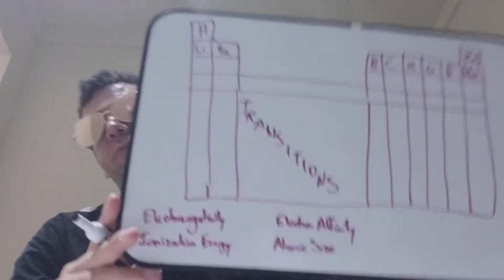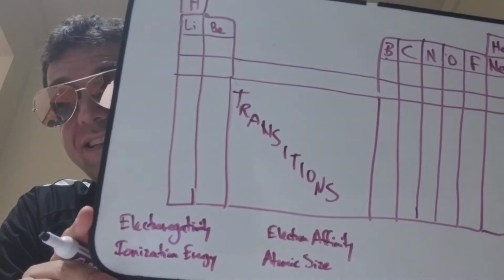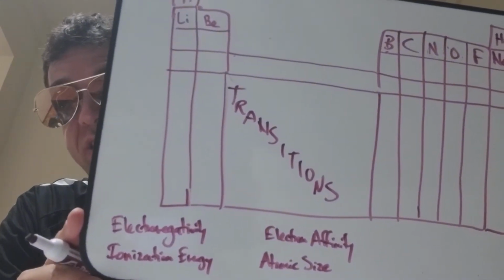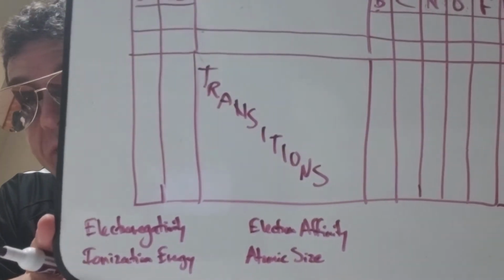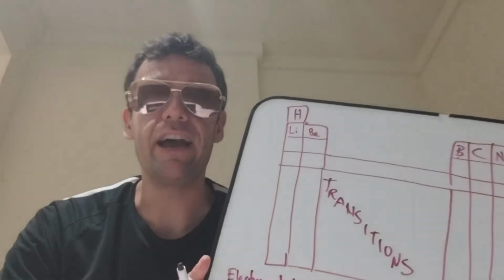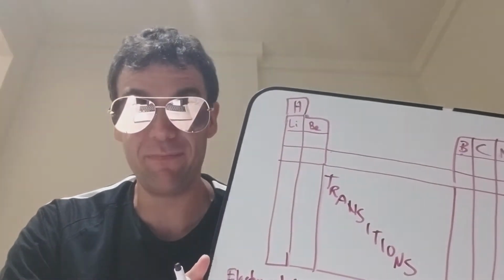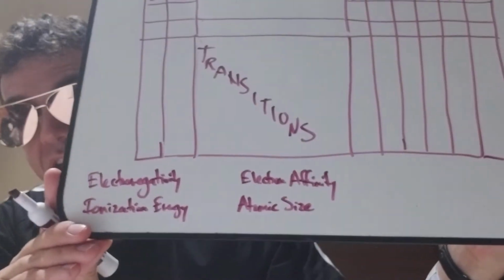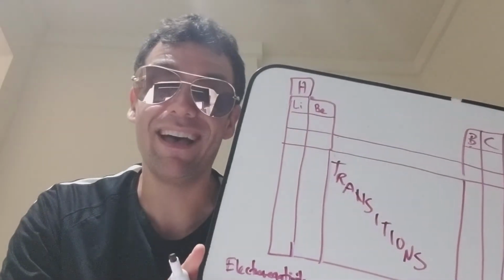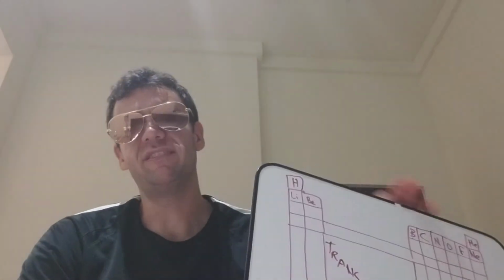These are the 4 main ones I think you guys are concerned with: electronegativity, ionization energy, electron affinity, which, yeah, I know it sounds like electronegativity, I know, and it's easy to get them mixed up, so we'll cover those, and also atomic size.